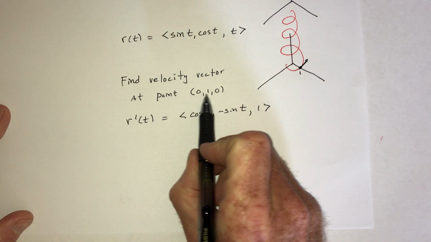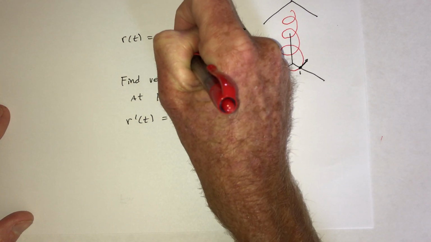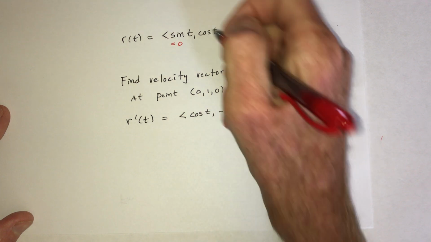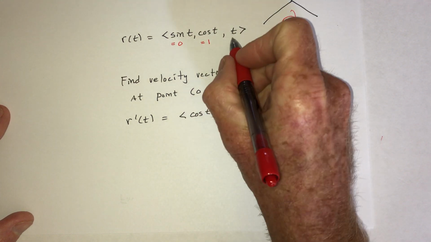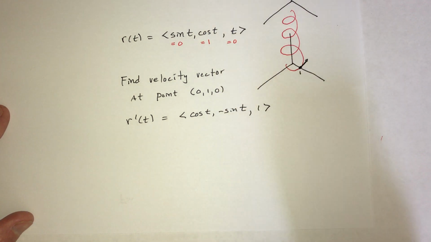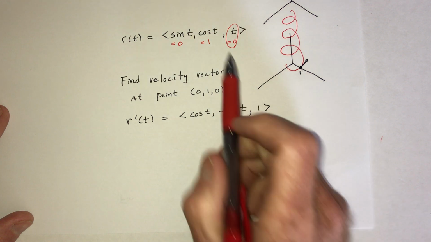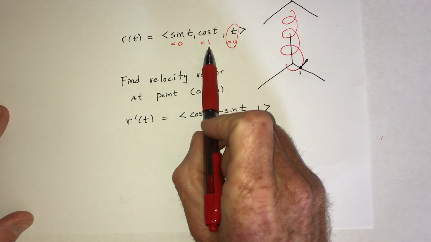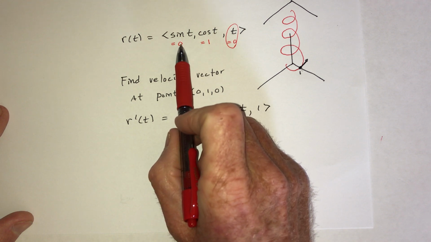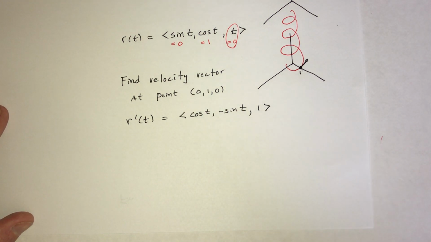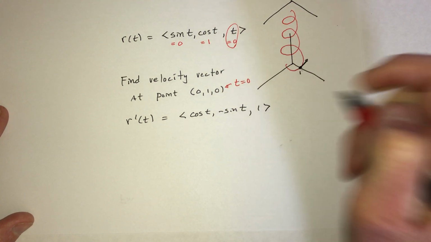Well, if you compare this to this, it's saying that this one has to equal 0, this one has to equal 1, and this one has to equal 0. So that means that t equals 0. And sure enough, if you take 0 and plug it in there, it's going to equal 1. If you take a 0 and plug it in there, sine of 0 equals 0. So this part right here actually means t equals 0.